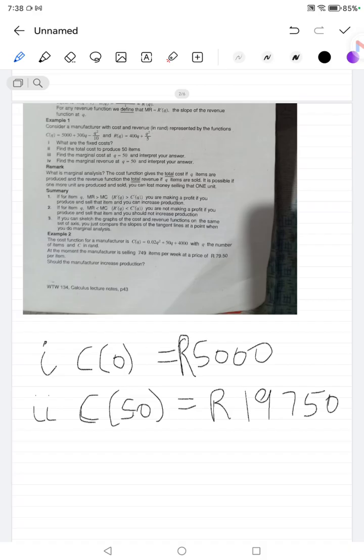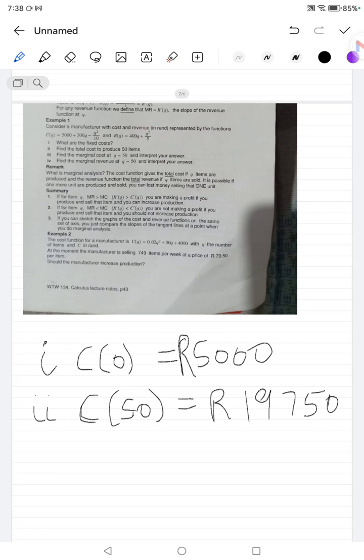Now they're saying find the marginal cost at Q equals 50 and interpret your answer. It's number 3 and number 4. Let me just remember.